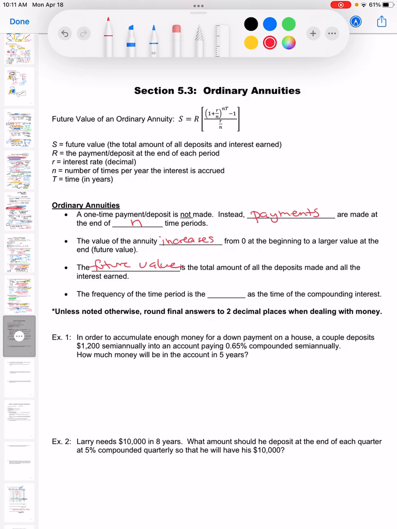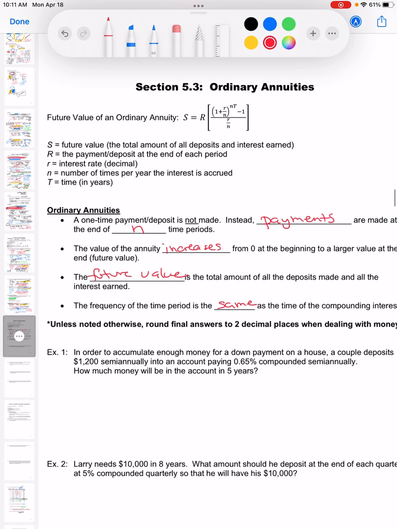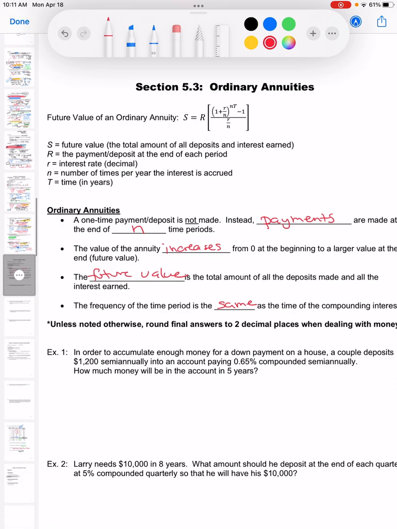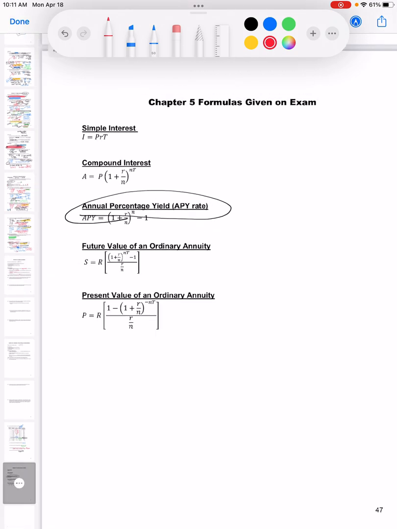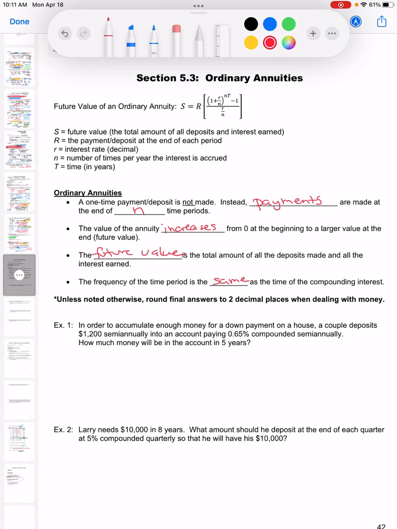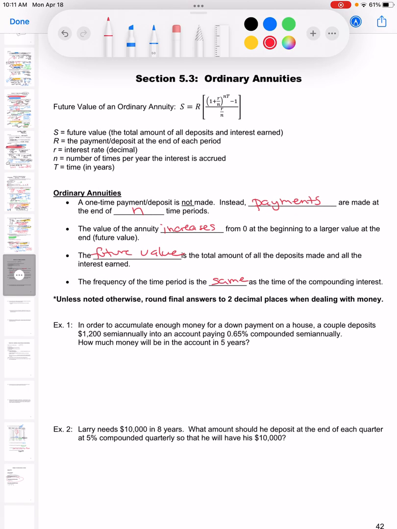And the frequency of the time period is the same as we were looking at with compounding interest. So if we come back up to our formula, this is also on page 47 that we've been dealing with. We've got it right here. We've got most of the same letters. Like I was saying, the frequency is the same, so n is the same, our t for time is the same, and our interest rate is the same.